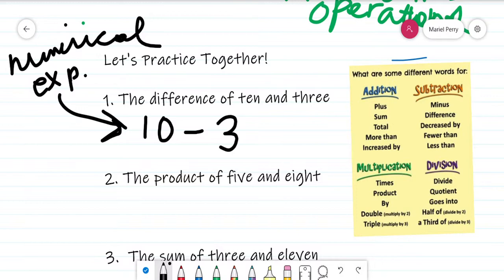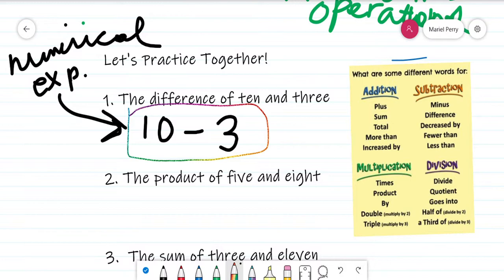Ergo, this is our answer. I'm going to circle it in glitter. All right, that is our answer. Because the rule about numerical expressions is that we are not solving anything. We are simply writing an expression in number form and operation form, symbols, of an actual word phrase.